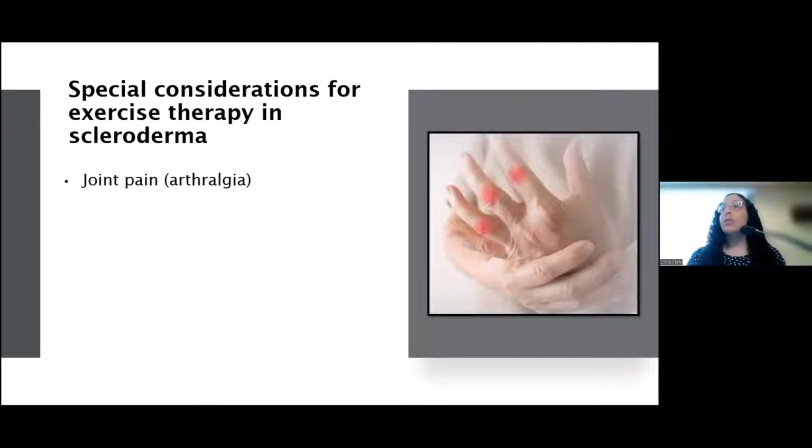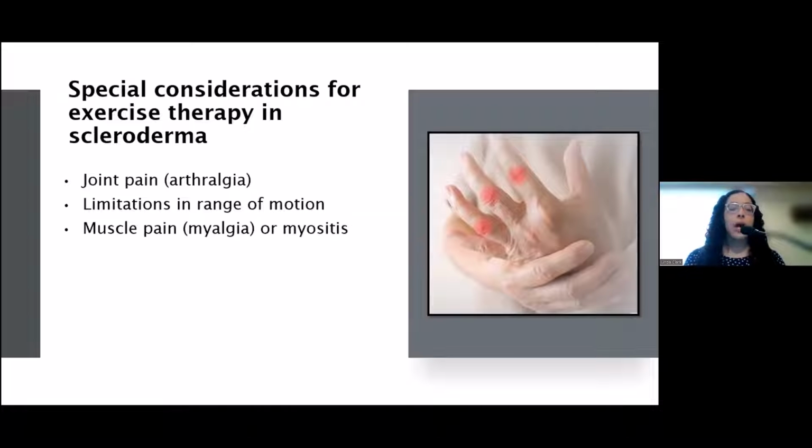So here are some special considerations for exercise therapy, or even if you're thinking of increasing your physical activity at home. These are some things to be aware of. Certainly inflammation that occurs throughout the body can have an effect on our joints: joint pain, joint deformity, and limitations in range of motion due to inflammation in the joints. So choosing appropriate exercises for that.